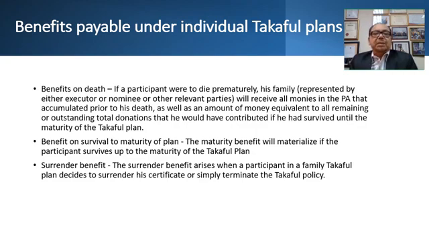Third one, surrender benefit. Okay, what is surrender benefit? Surrender benefit arises when a participant in the takaful plan decides to surrender a certificate or simply terminate the takaful policy. Okay, what is this? At the age of 30, or 25, when you start working, you buy insurance or a takaful plan for 30 years.